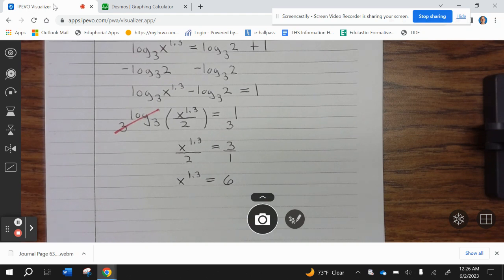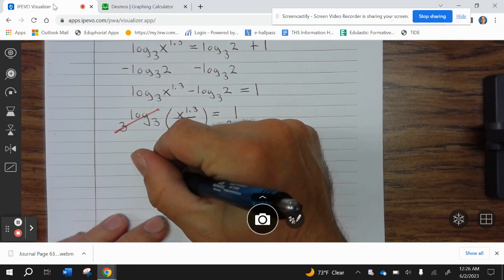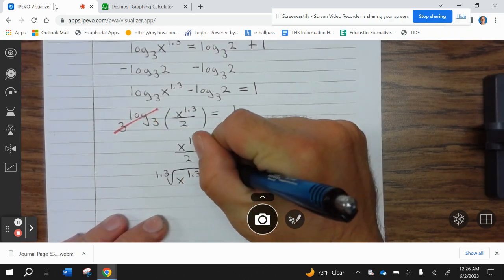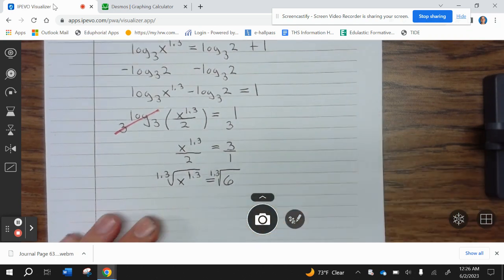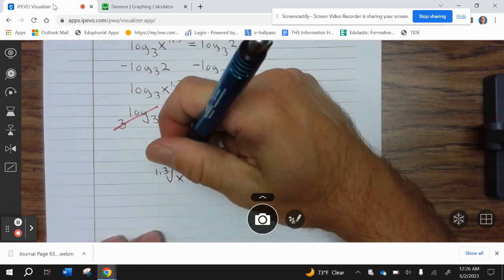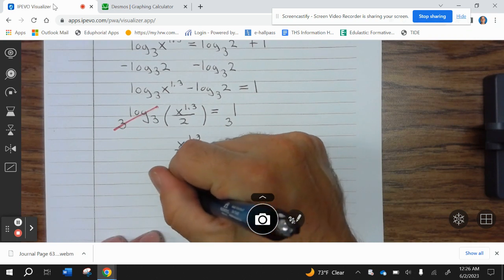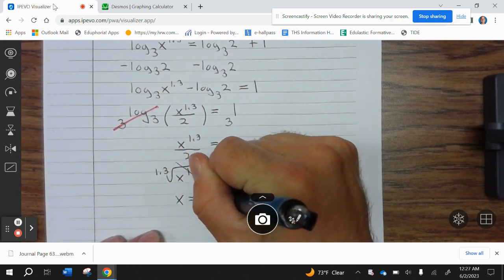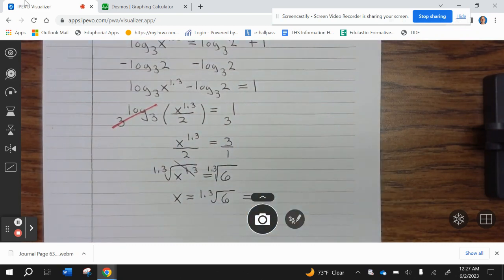Now, this is where the math kind of gets a little crazy. I'm going to take the 1.3 root of both sides. Cancels, you get x equals the 1.3 root of 6.